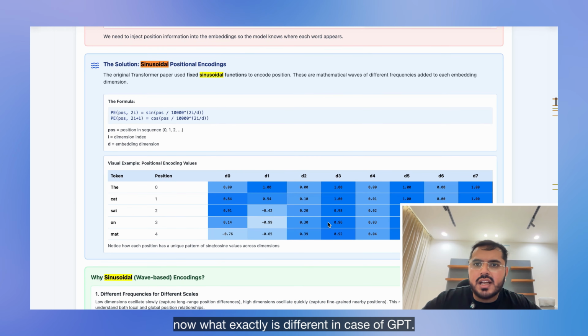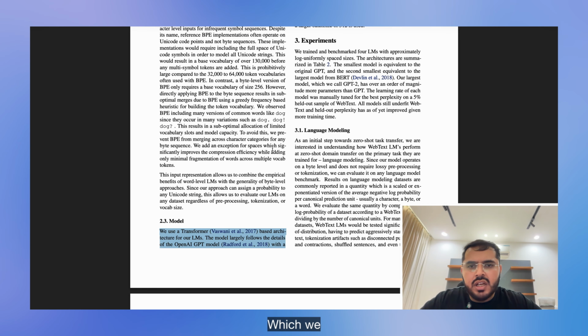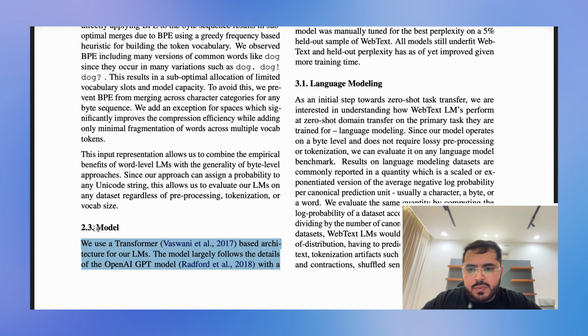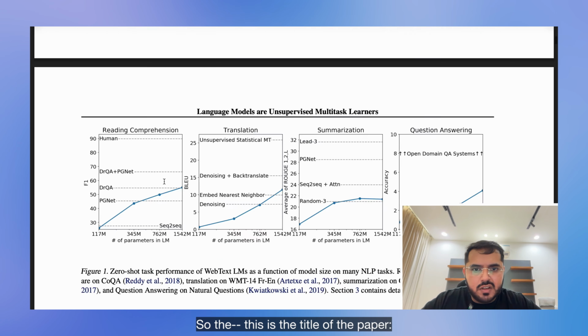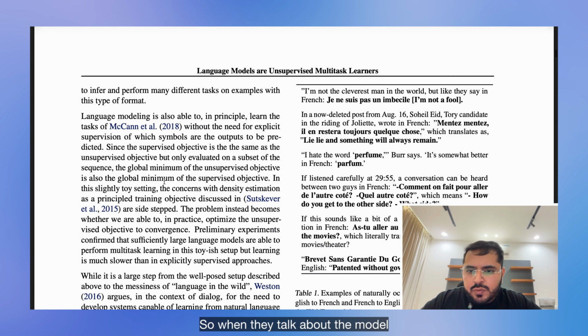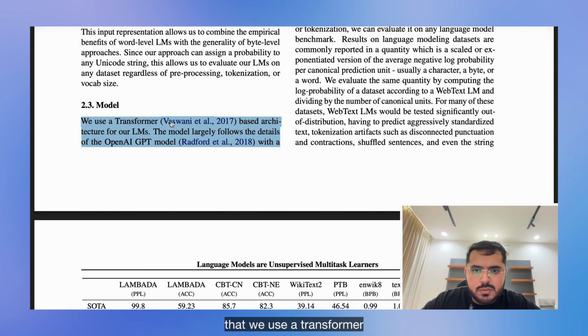Now, what exactly is different in the case of GPT? This is the GPT-2 paper, which we are going to reproduce in one of our courses. The title of the paper is "Language Models are Unsupervised Multitask Learners". When they talk about the model they use, they simply mention that they use a transformer, which is Attention Is All You Need, Vaswani et al.